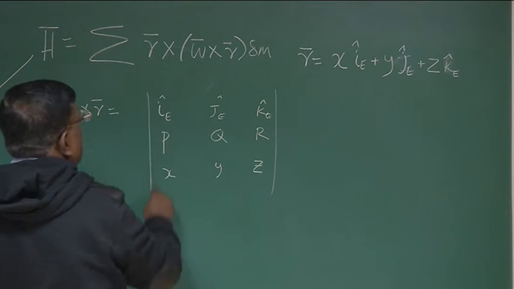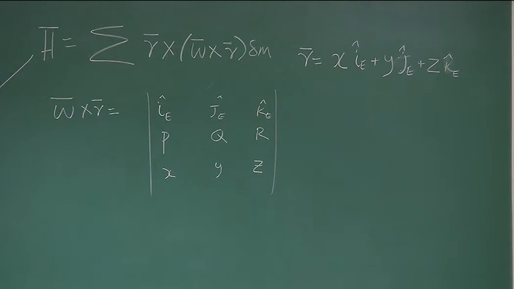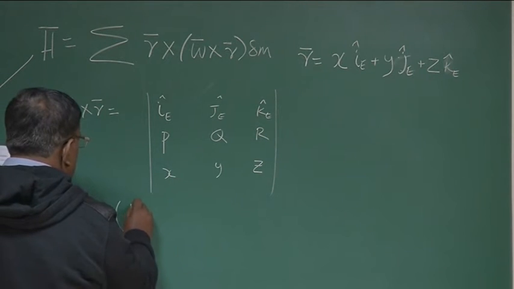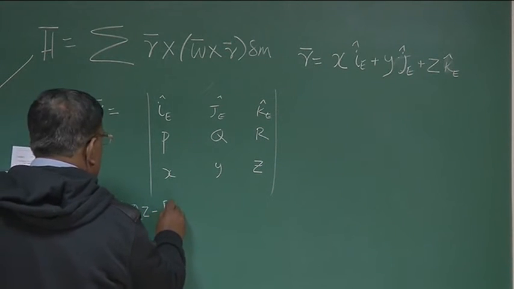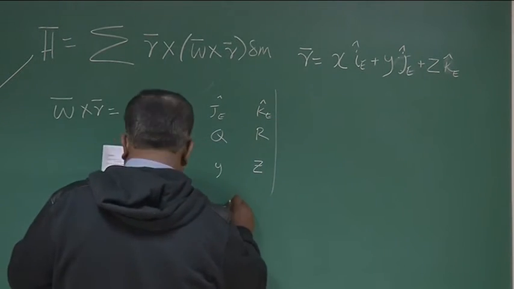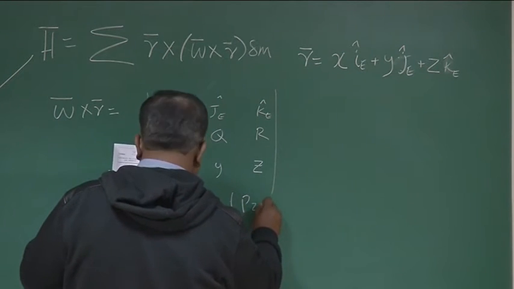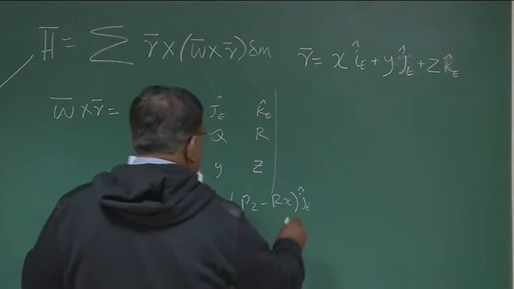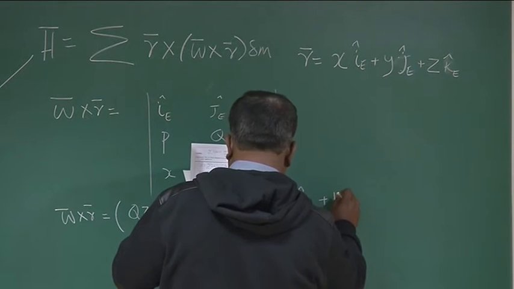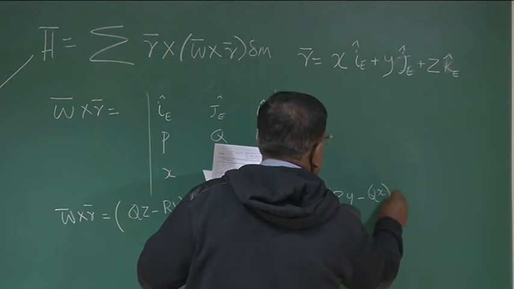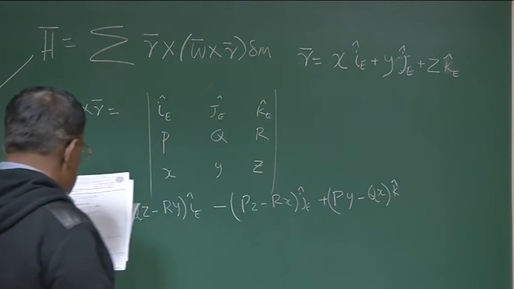If I take the cross product, omega cross r equals (Qz minus Ry) iE minus (Pz minus Rx) jE plus (Py minus Qx) k. How do I get this?